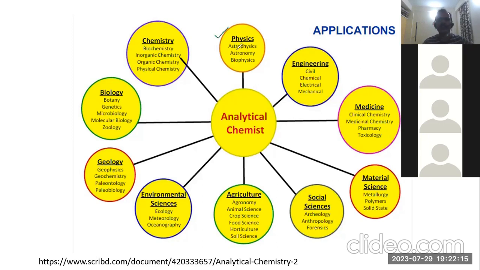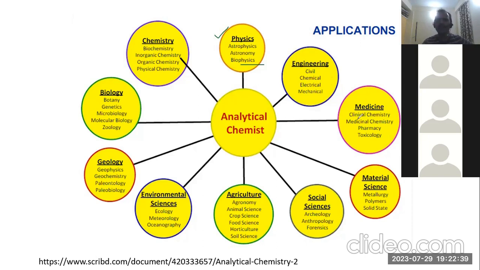Second is physics. In astrophysics, astronomy, and biophysics. Then in engineering: civil, chemical, electrical, mechanical, and the other branches like metallurgical, material science, and mining engineering, we need knowledge of analytical chemistry.